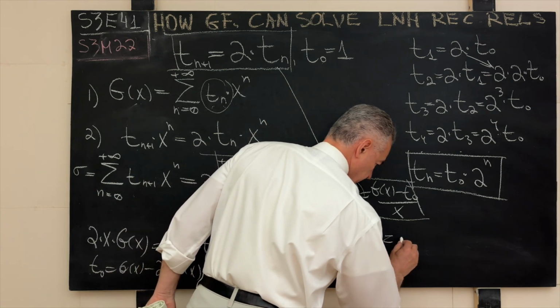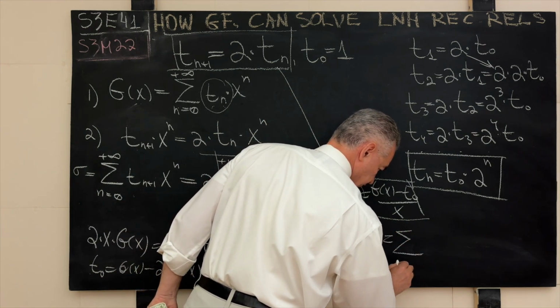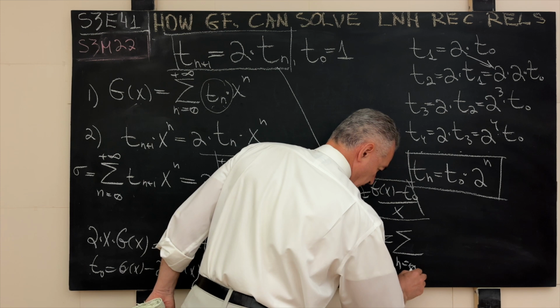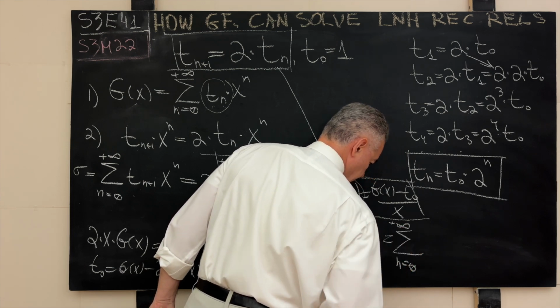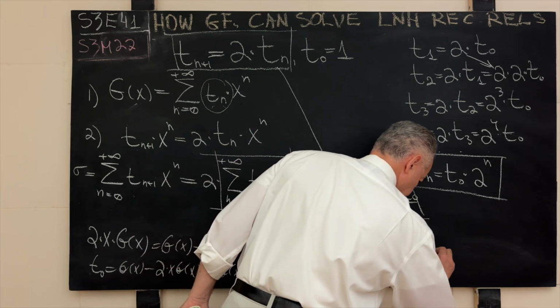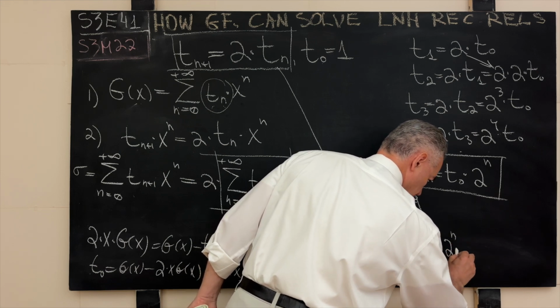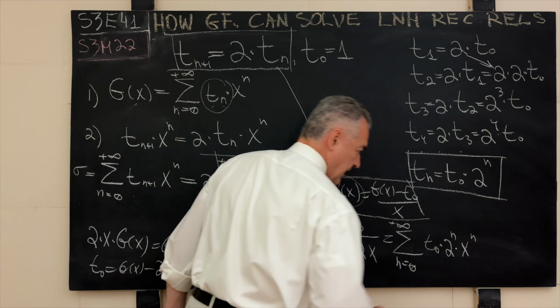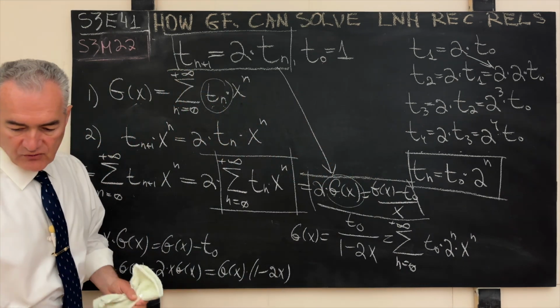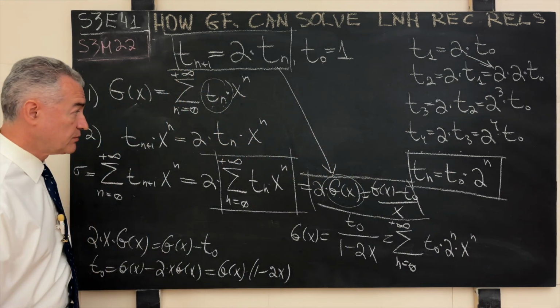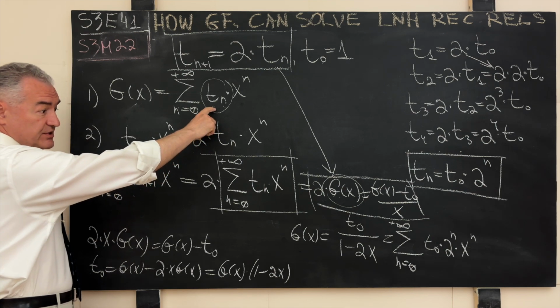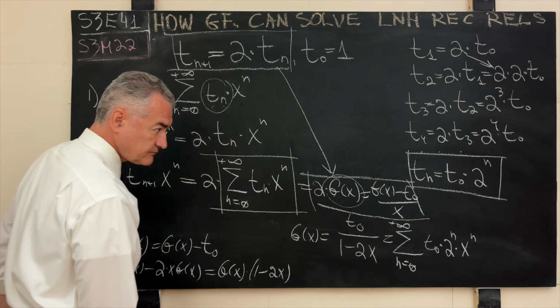It's our favorite infinite geometric series, so we write it down like this. n varies from 0 to infinity, and we suggestively write the coefficient like this: t0 times 2 raised to the power of n times x raised to the power of n. And now, as I promised to you a few minutes ago, we read the numbers d_n directly off of the expansion.